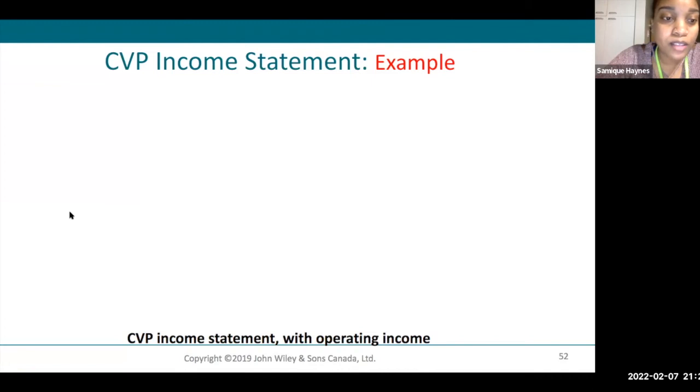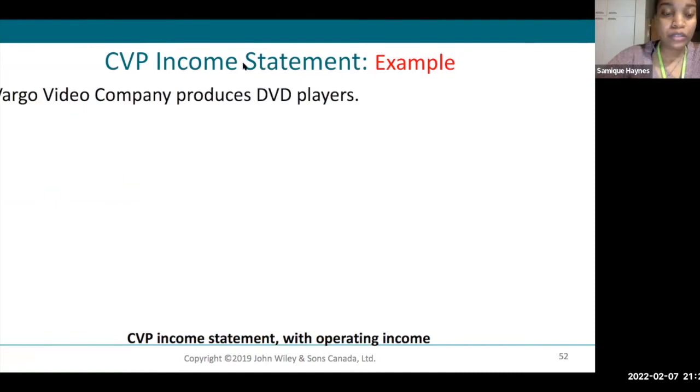Sales less variable costs: how much is left over for us to pay off our fixed costs? We're okay with that? Just Kansai is okay, everybody else is confused? All right, so sales less variable cost is our contribution margin, and after we deduct our fixed costs from our contribution margin, we can see if we can have any income, any profit.